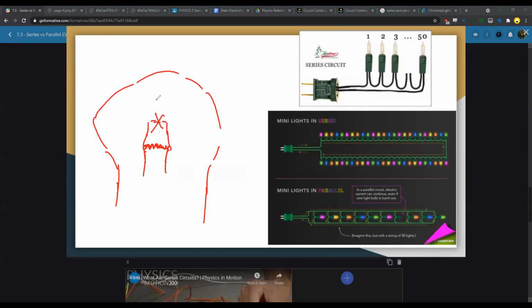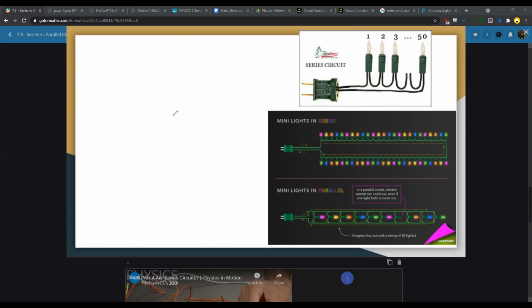So if this light bulb blows out over here, and electrons can't go through here anymore, there's another path for them to go through. So that would be a modern light bulb. So the disadvantages of series circuits are then gone.